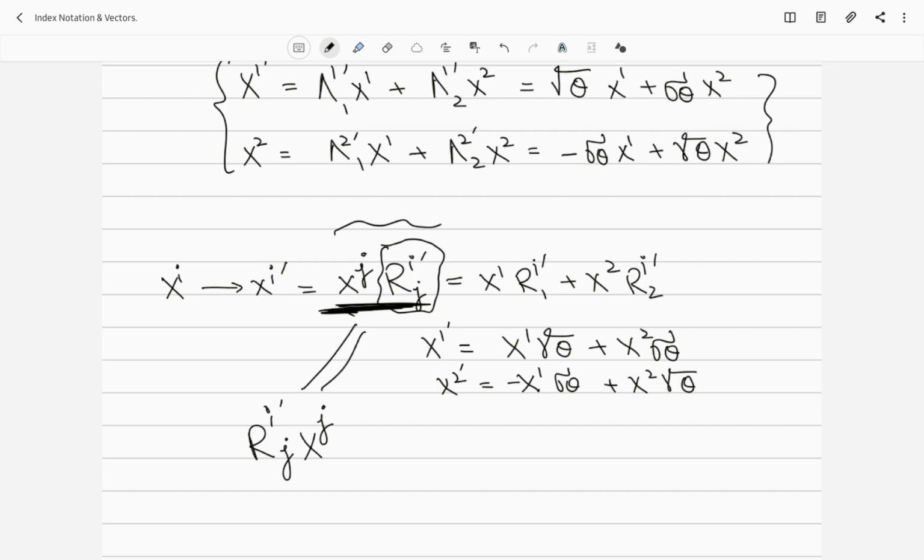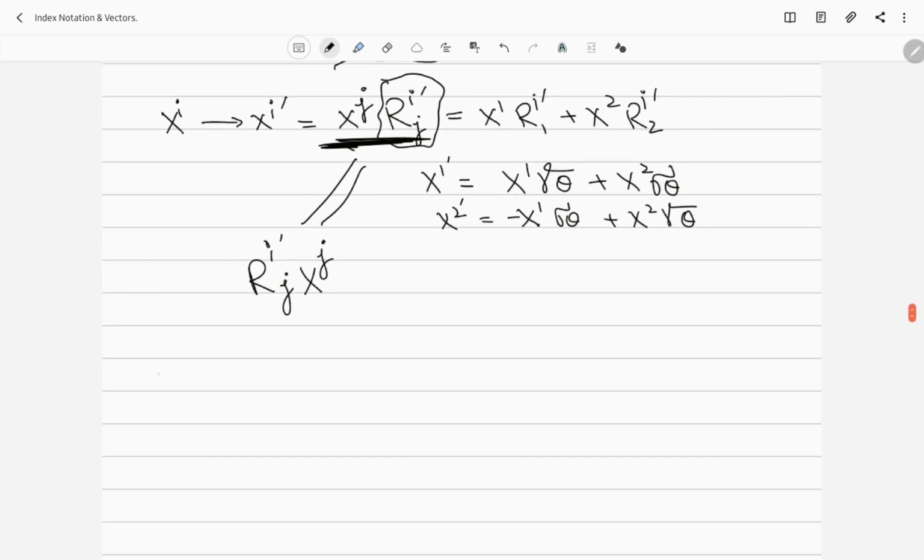Now you can also immediately evaluate something of this form, say M_ijk times N_ijk, given the elements of these two objects, even though you really cannot represent these objects in terms of matrix multiplication or matrices at all.